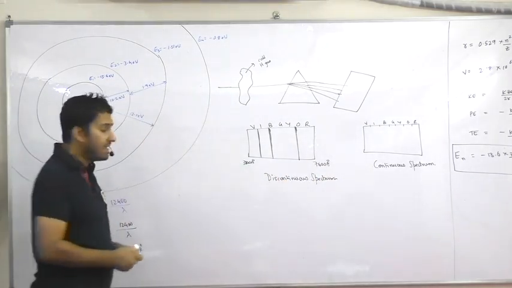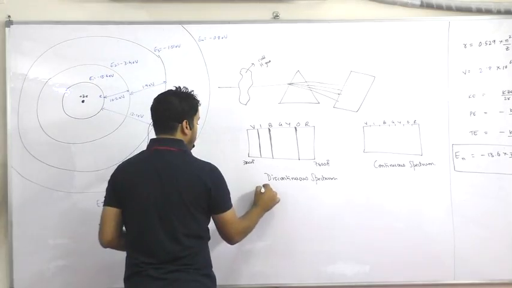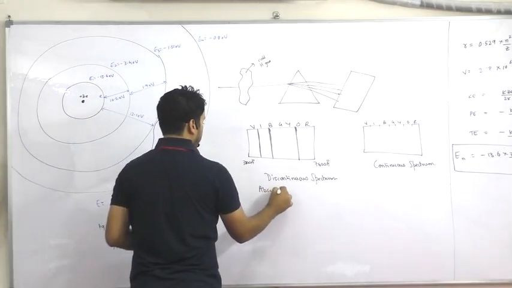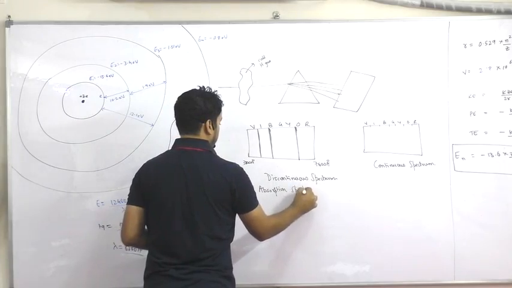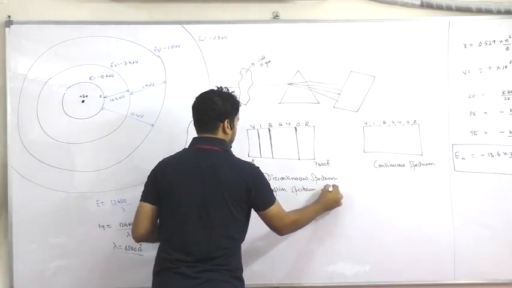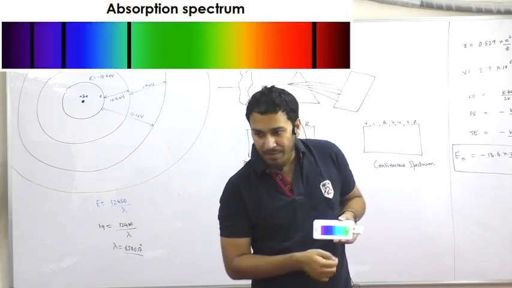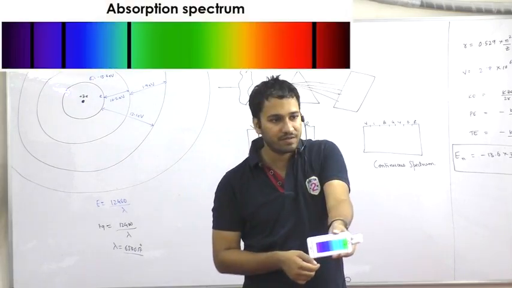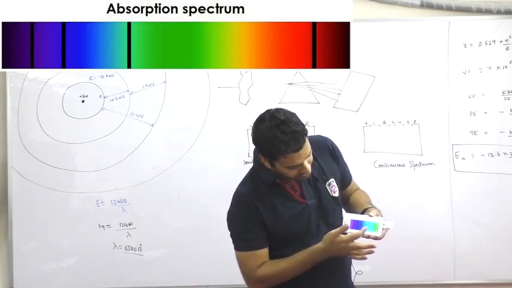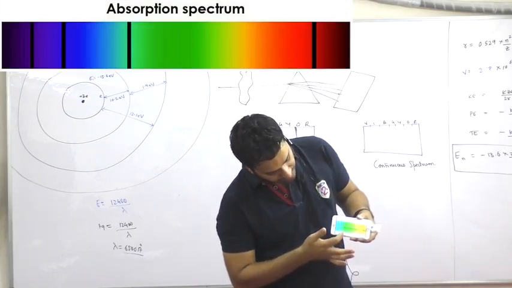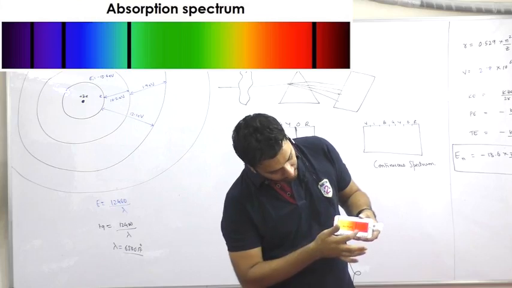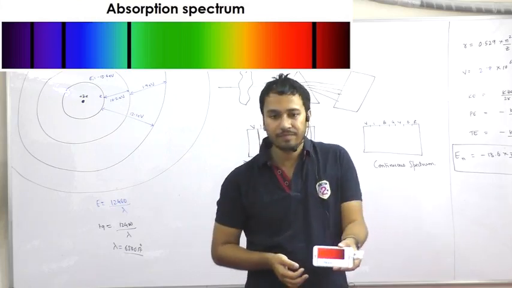Some photons are missing, and this is called the absorption spectrum of hydrogen. In this colored band, you notice there are black lines. Can all of you see this? There are some lines in violet over here, one line in blue over here, one orangish line, right?